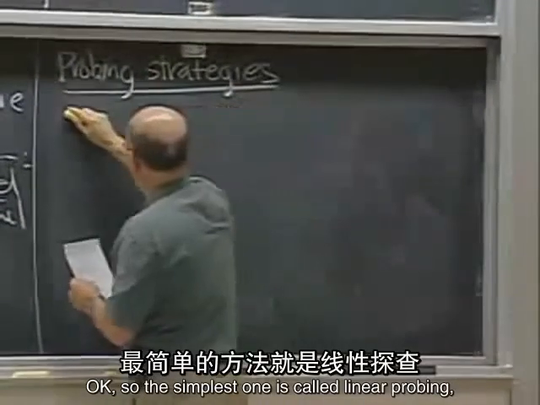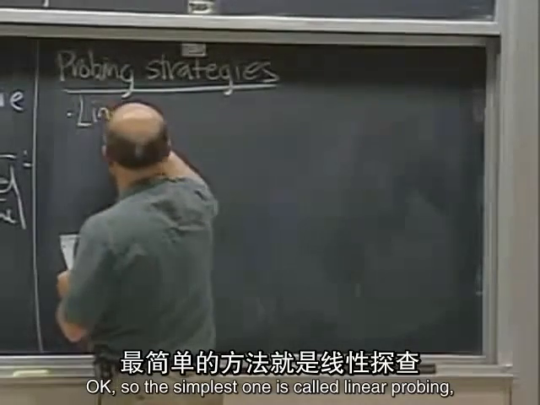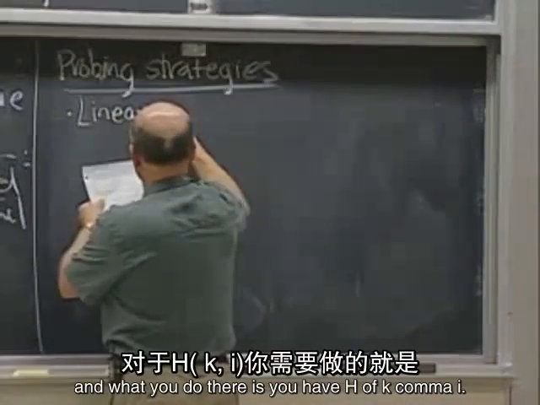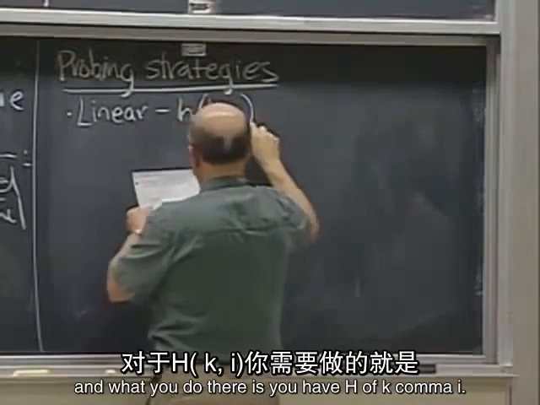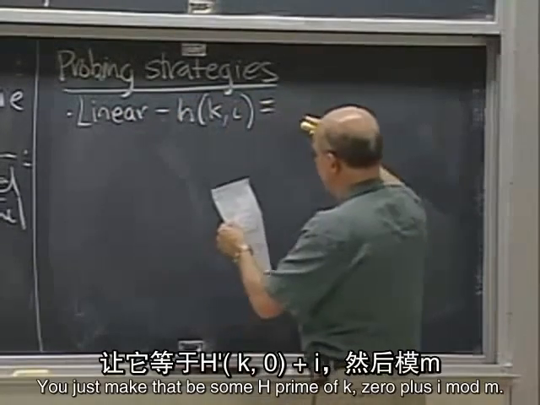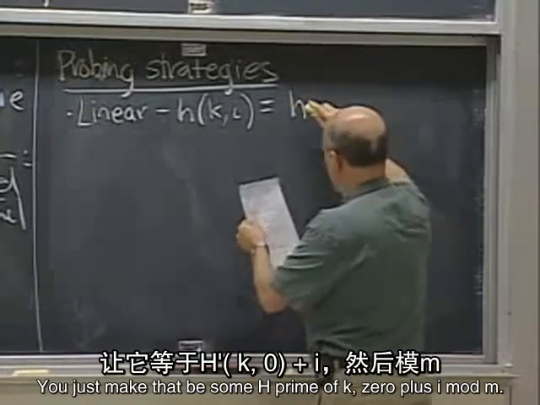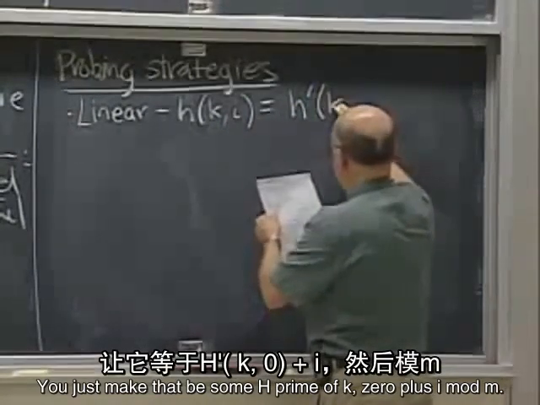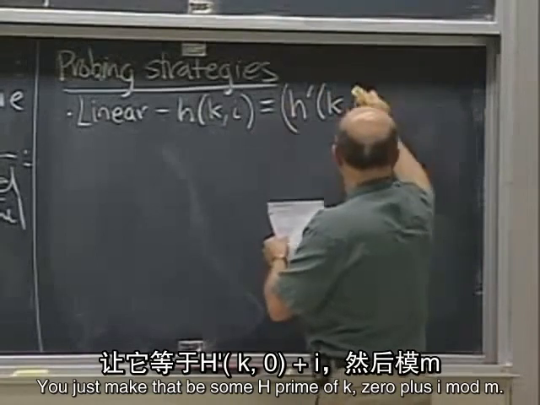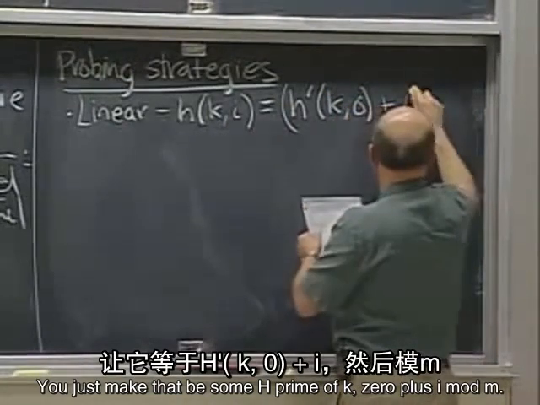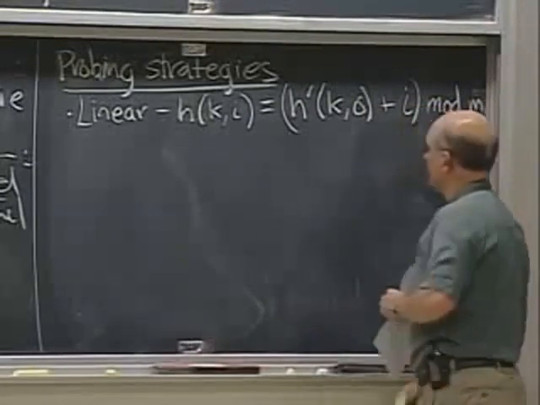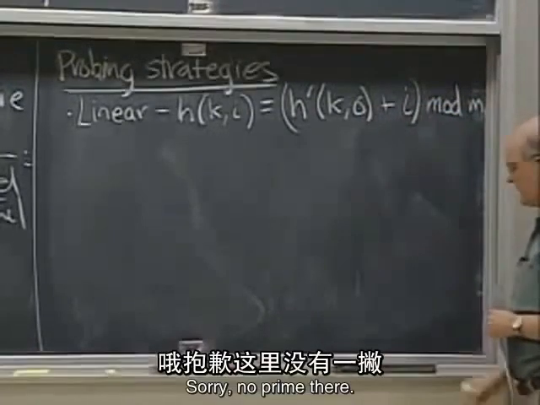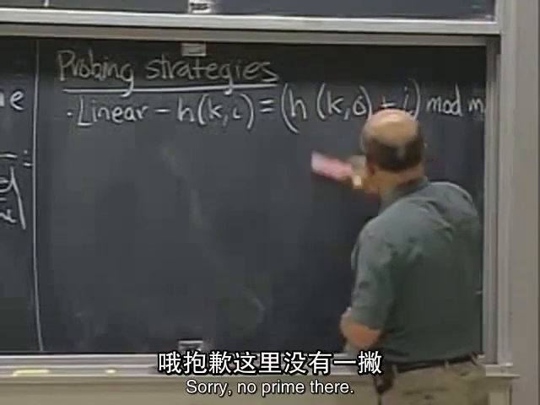So the simplest one is called linear probing. And what you do there is you have h of k comma i. You just make that be h of k comma 0 plus i mod m. Sorry, it is h, no prime there.